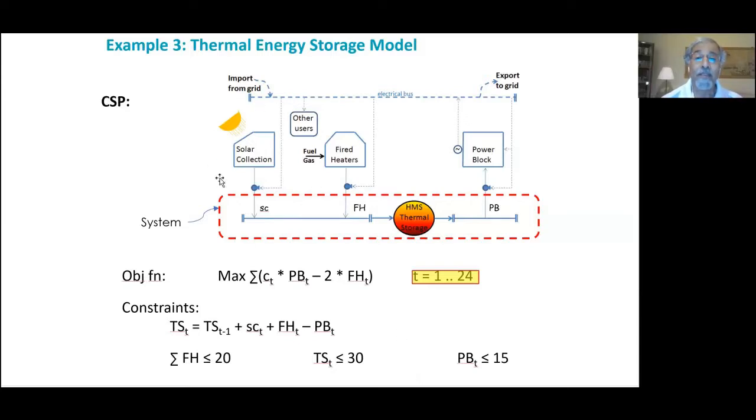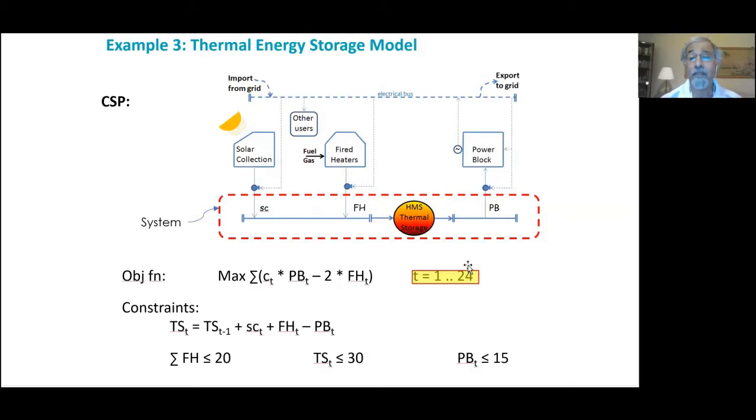The sun is shining in the daytime, but the bigger demand is in the nighttime. So you use the solar energy collected during the daytime when the demand is low and store it in a molten salt thermal storage system and use that energy in the evening or night and produce power when it's needed.